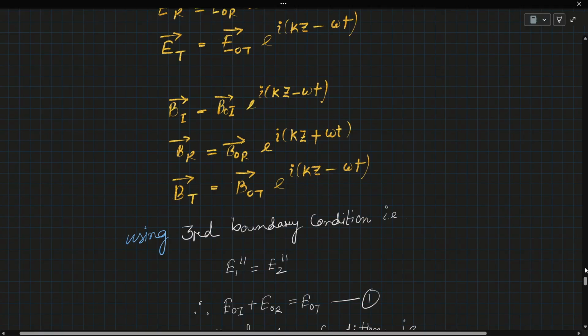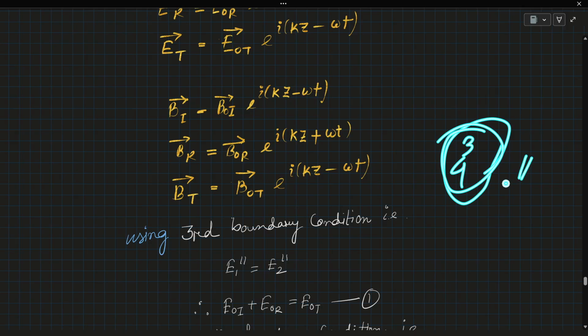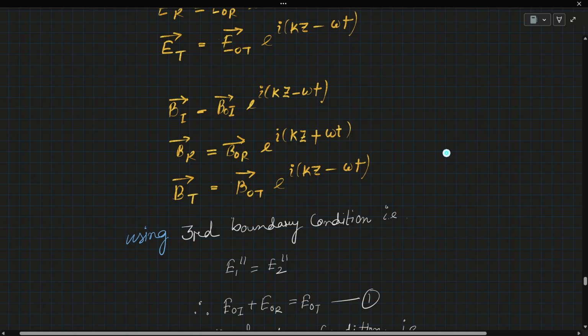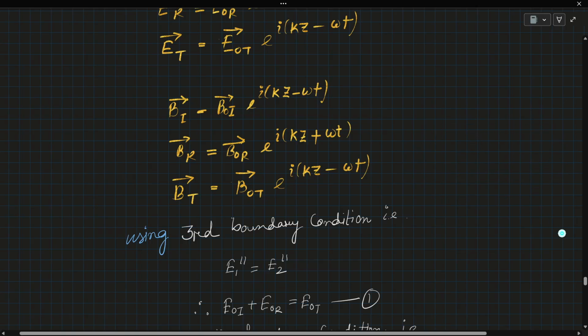Now to find the Fresnel equations, we are going to use the third boundary condition and fourth boundary condition. These are for the parallel electric field and parallel magnetic field. From the third boundary condition, we have E1 parallel equals E2 parallel.